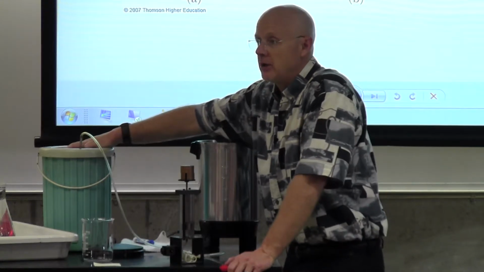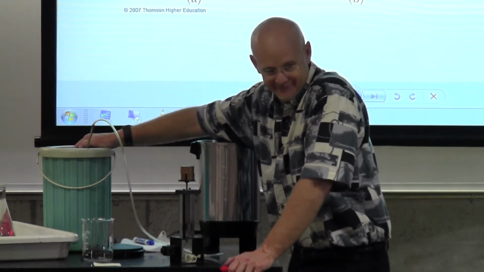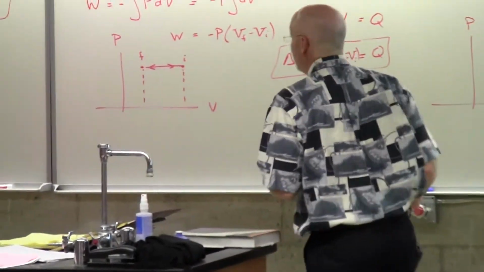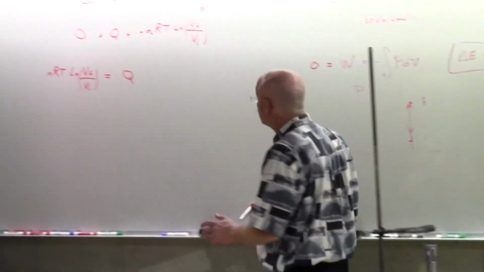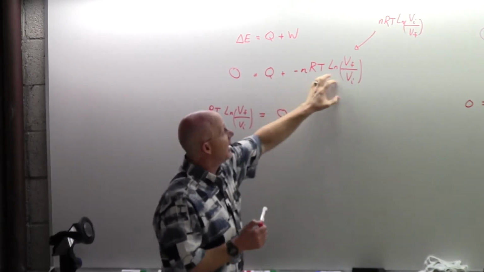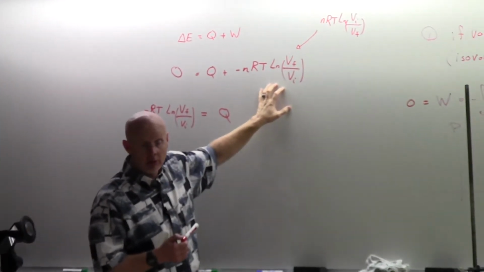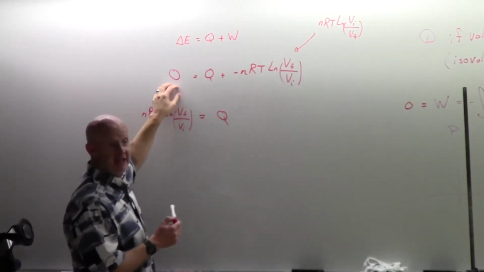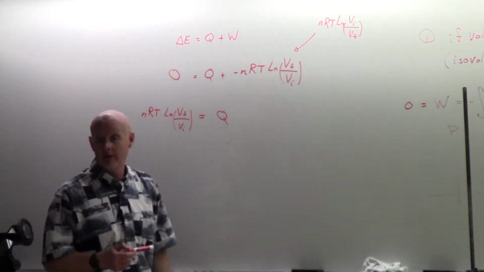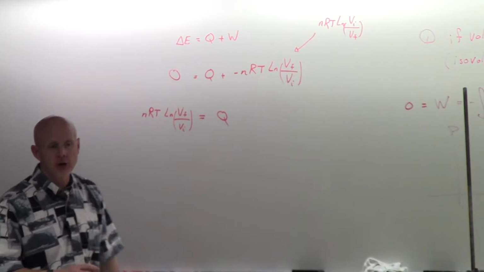I would avoid calculating Q directly. Why don't we just calculate W? Because the delta E is 0. See my point? And so this is an example of, I would not even try to go through a process of calculating Q. I would go through a process of calculating the W, knowing that the delta E is easy. And then I can get the Q there. And so that's how I'm going to find my Q.